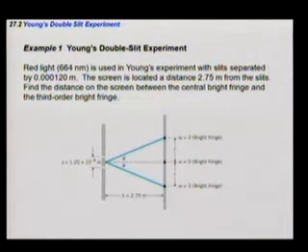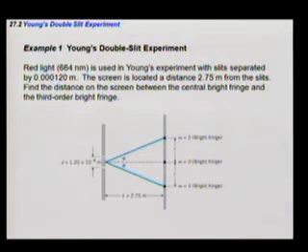And here's an example. We've got this distance between the fringes, which is 1.2 times 10 to the -4 meters. m equals 3, m equals 0, m equals 3. What they want you to do is find out what y is.